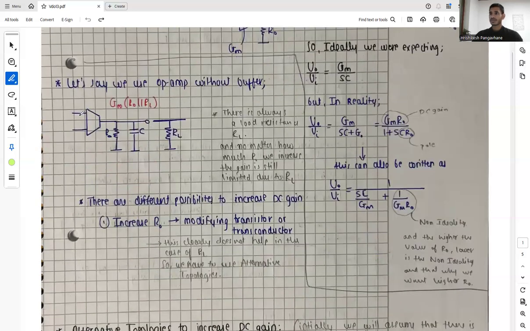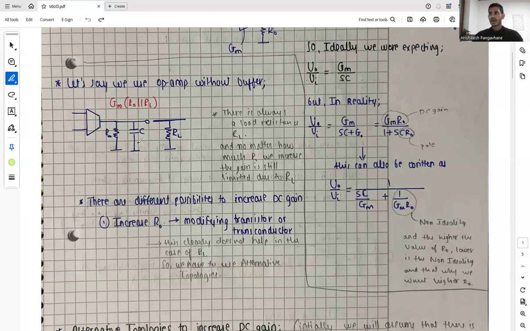So now let's say we use an op-amp without a buffer. What will happen? There is always a resistive load connected at the output, and no matter how much we increase r naught, the gain is still limited due to the resistive load network.